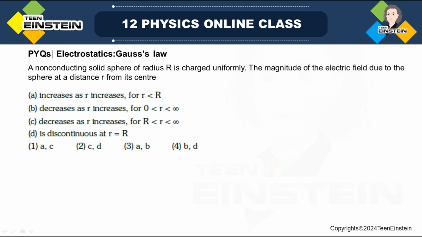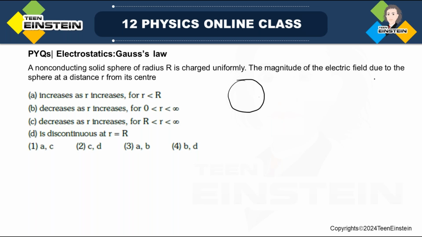Okay, now this question is, I think, related to a solid sphere itself, but it is for a non-conducting solid sphere. The situation is actually the same. For a conducting solid sphere, whatever charge you give, that charge will come on the surface. But for a non-conducting solid sphere, the charge will be residing throughout the volume of the sphere. Then the rest of the things are already discussed.